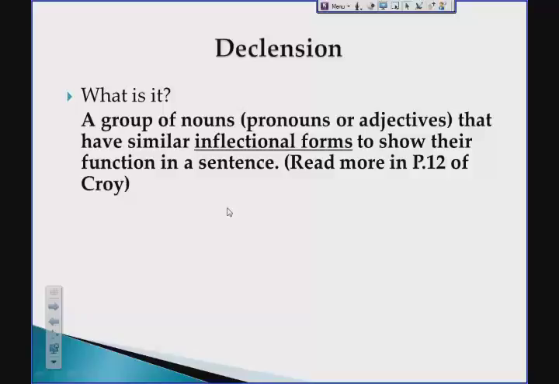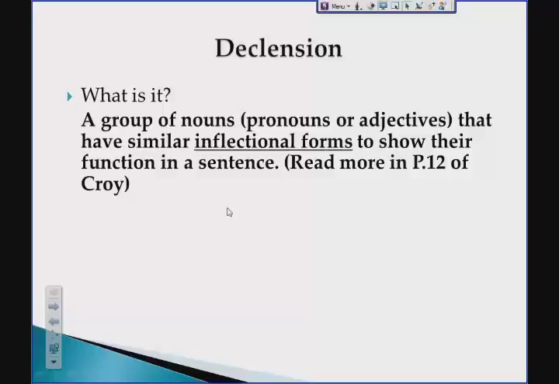So a declension is that group. We group them together. These ones look the same, we put them here. These ones look the same, we group them here, and they have the same inflectional forms. And we begin to know them as declensions.